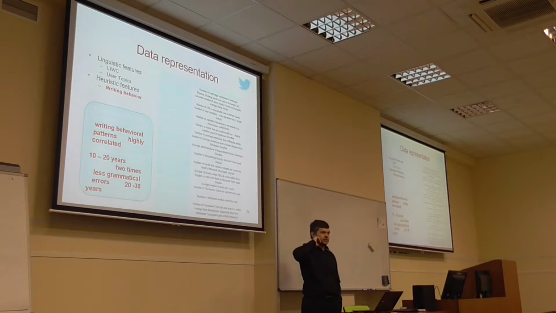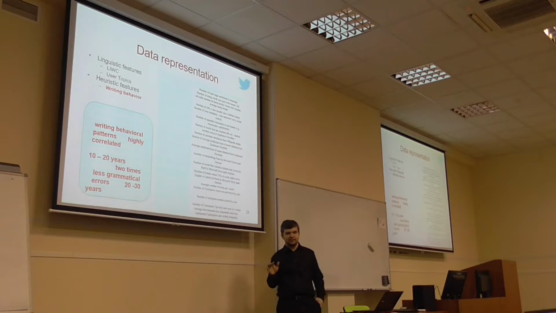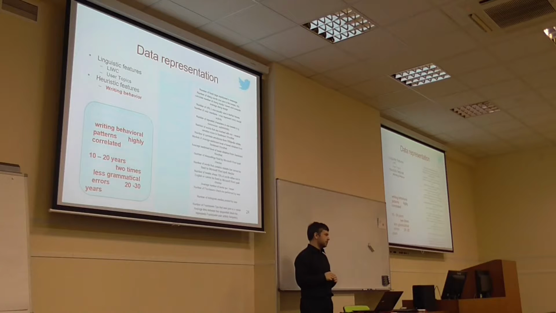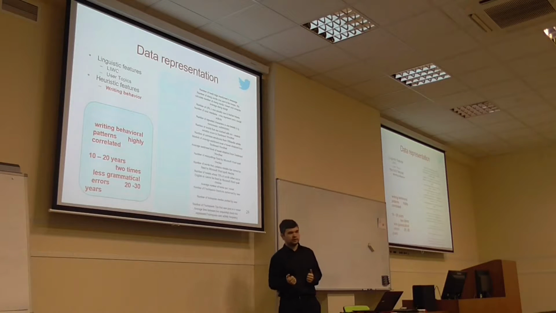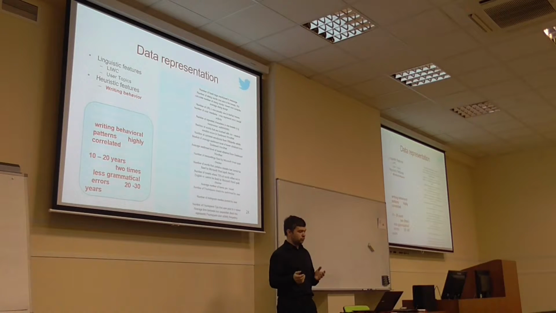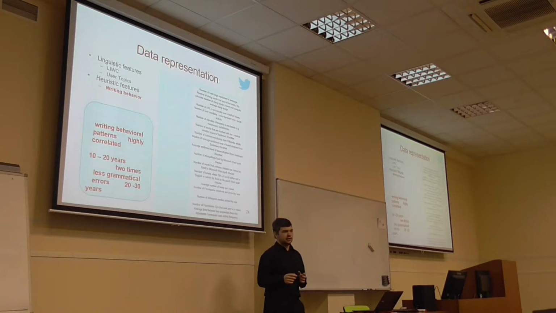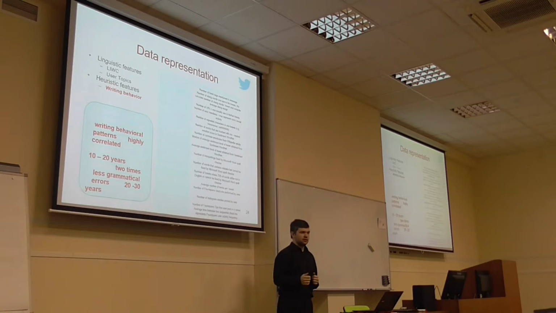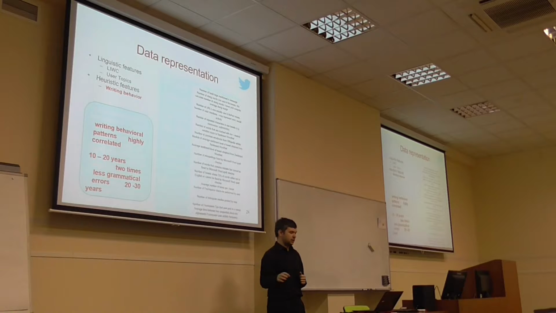These features are basically related to our writing behavior. For example, how often we make mistakes, how often we use slang words, or how often we use different social features like hashtags or user mentions and so on.